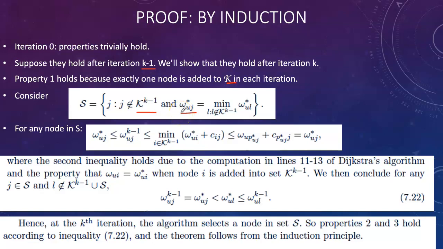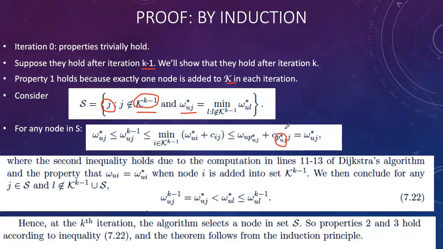Let me repeat that. For every node j in S, the previous hop node must be a node in kappa k minus 1. Why is this true? By the way, let's call this previous hop node p(j*).